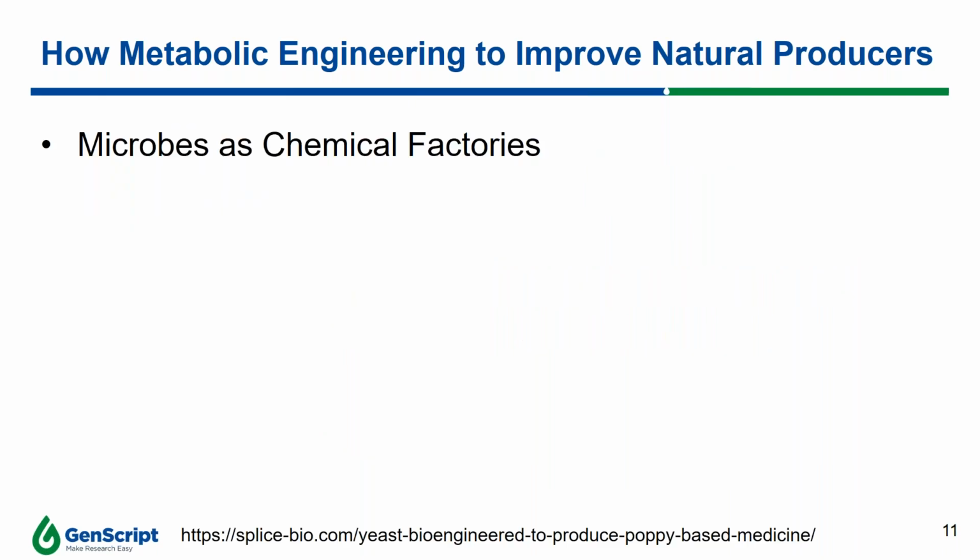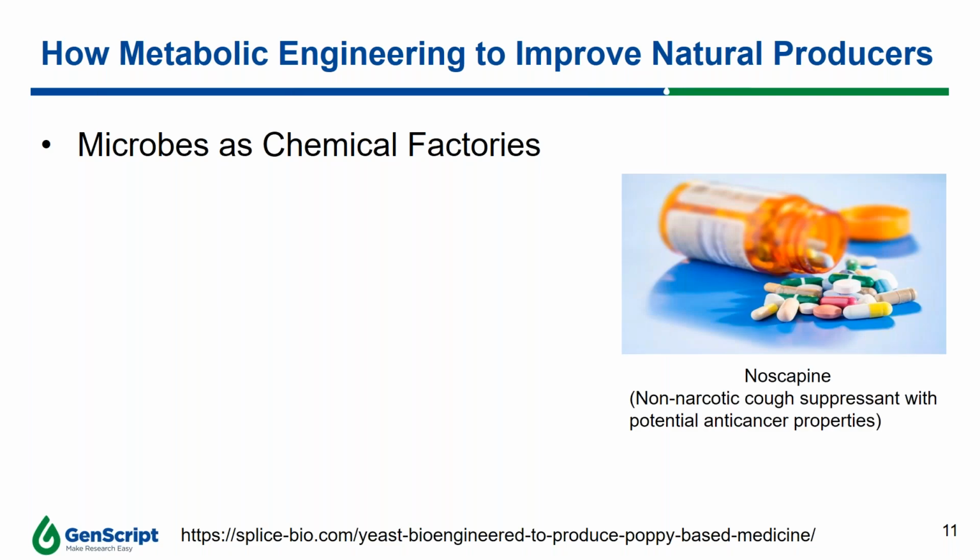The third approach is to use the bioengineering approach to turn the microbes into chemical factories. Here I am going to discuss one of the classic examples. In 2018, the researchers managed to find a way to synthesize noscapine. Noscapine is a non-narcotic cough suppressant with potential anti-cancer properties.